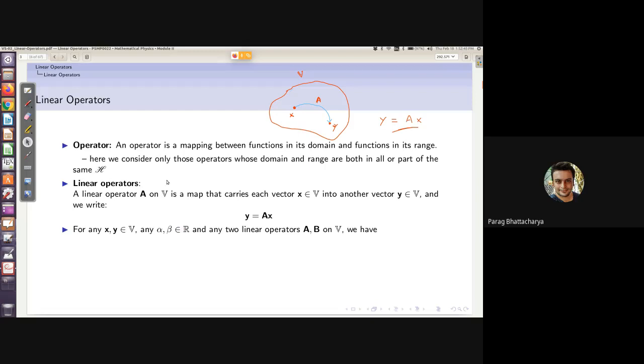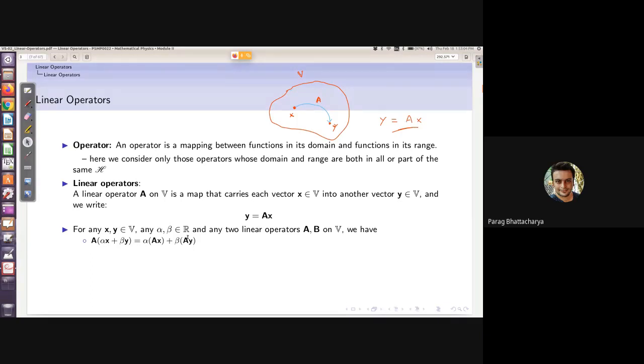If that's the case, then the operator A, when it operates on a linear combination of x and y, is the same as the linear combination of A operating on the vectors first.